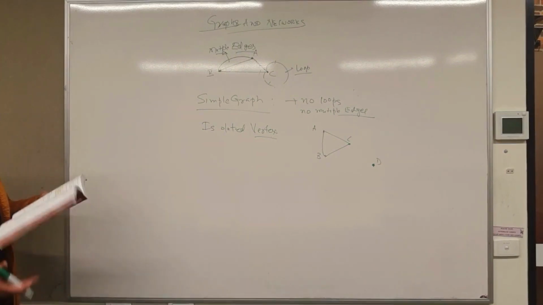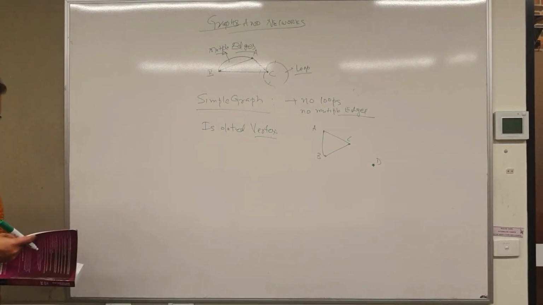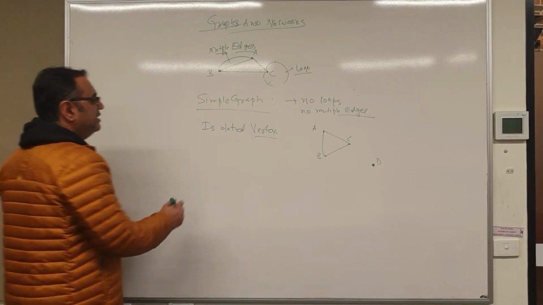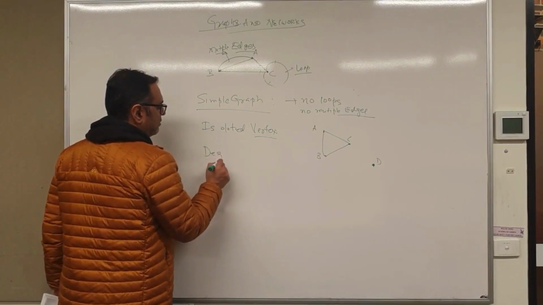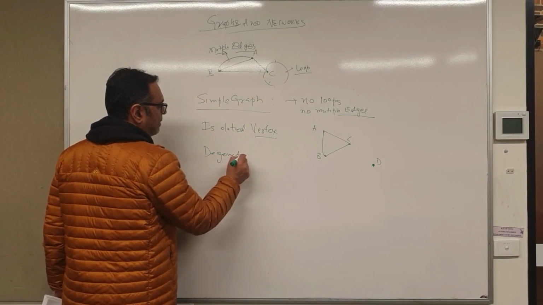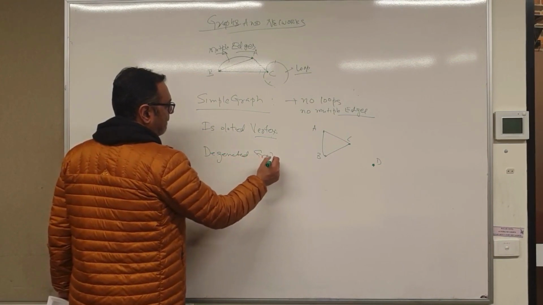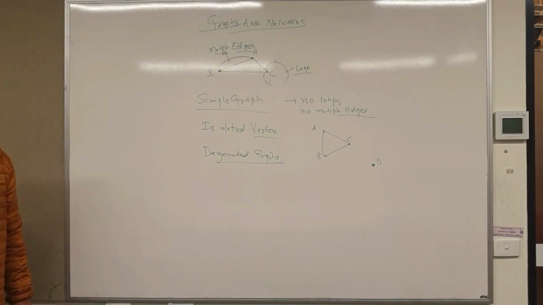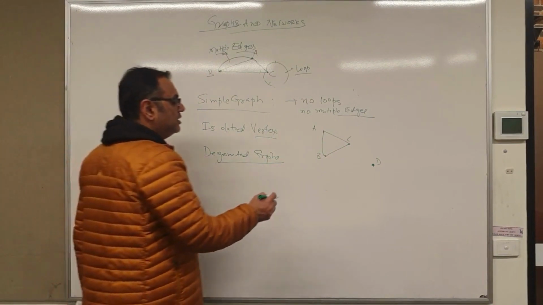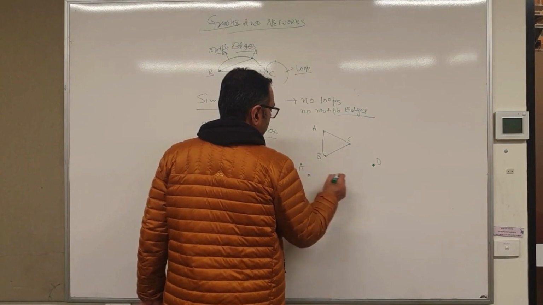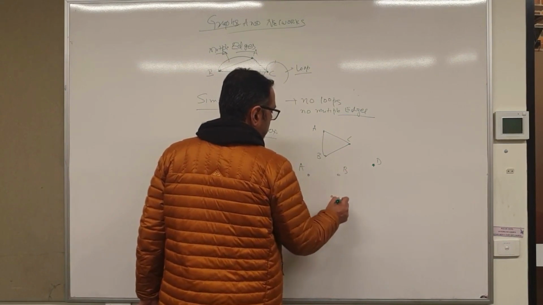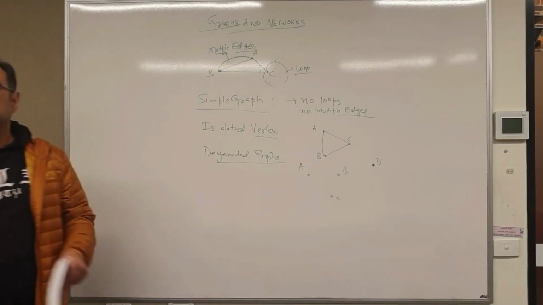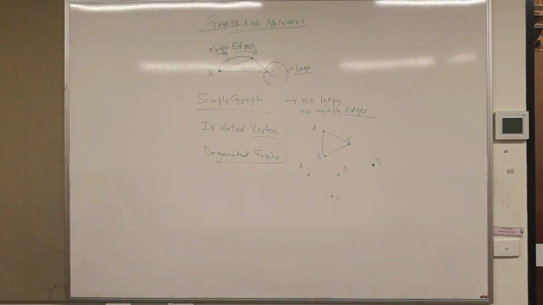All good? Then you have something called degenerated graphs. Degenerated graphs are those graphs which have no edges at all, just the vertices. I'll say A, B, C. They're not connected at all.